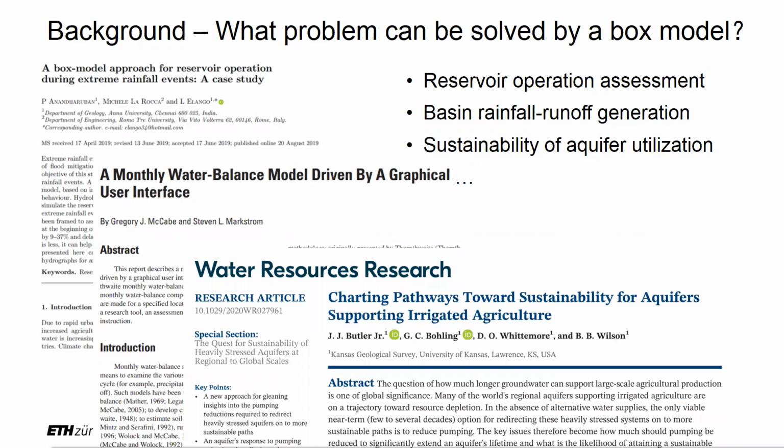A box model of water balance can also be used to assess the sustainability of aquifer use for agricultural use. This is similar to the study I am introducing today.